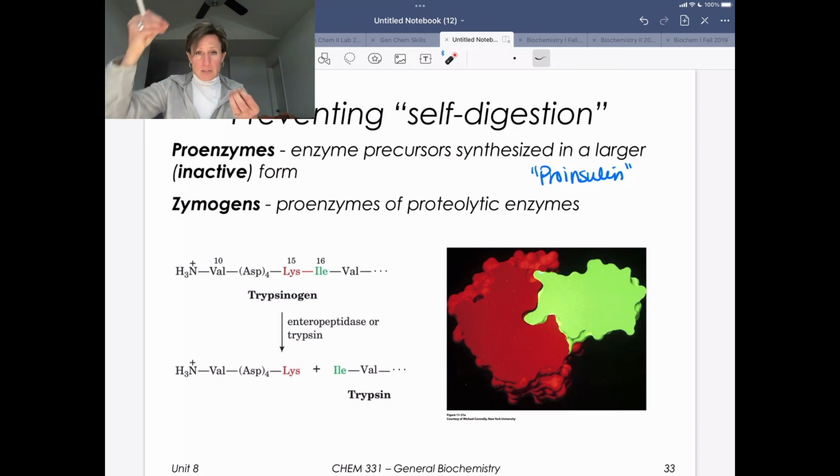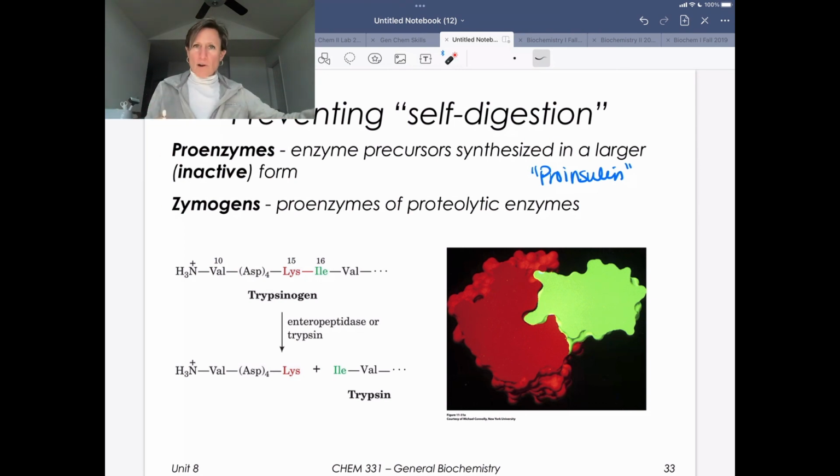Remember that C peptide is there, and the purpose of that C peptide is to hold that A chain and B chain in the right orientation for the right disulfide links to make active insulin. Okay, we don't have exactly the same situation here, but we do have inactive precursor forms of these digestive enzymes. Here's how most of them work. They are going to have an N-terminal portion that's extra, a little tag on the front end of the protein.